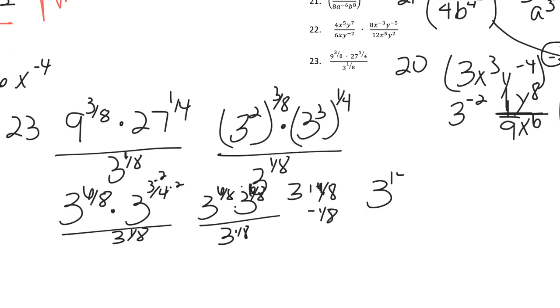That's 3 to the 14/8. I'm sorry, where did I learn to add? 3 to the 12/8 over 3 to the 1/8 gives me 3 to the 11/8. Okay, so let's fix that in right here.